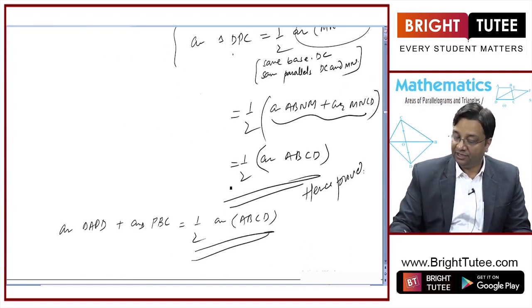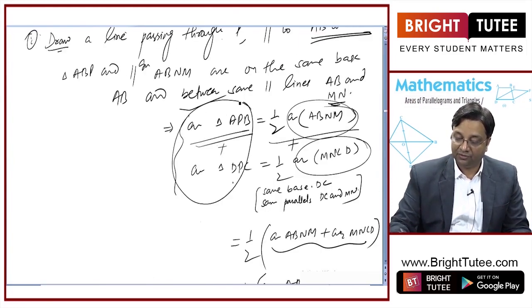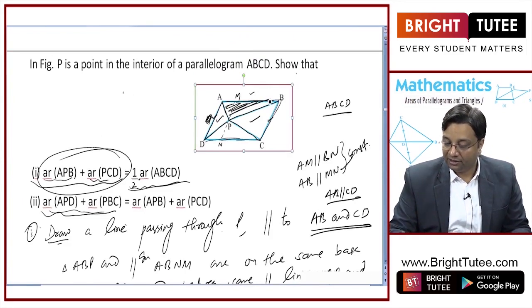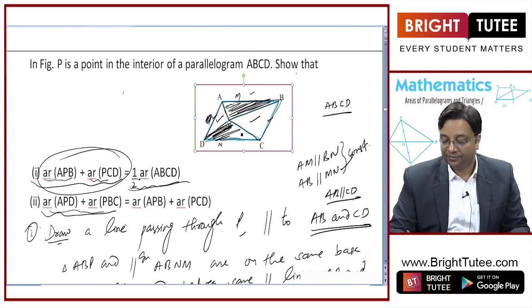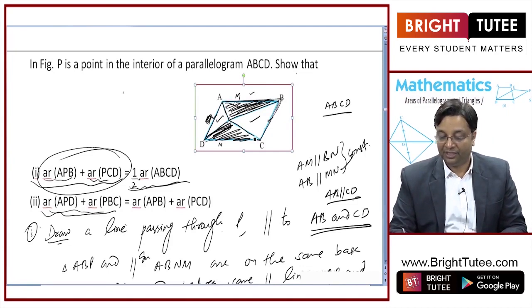Now, half of area of ABCD gives me another expression, that is sum of areas of APB and DPC, that is sum of these two areas, this area and this area. Sum of these two areas I have already proved is half of ABCD.